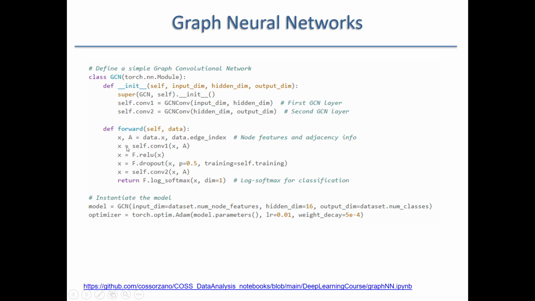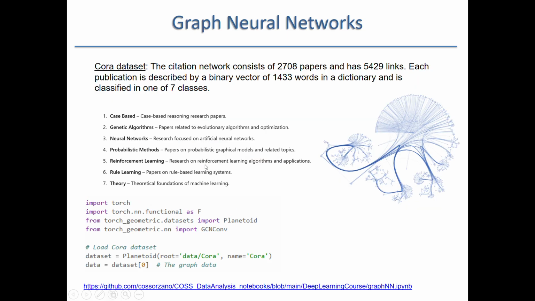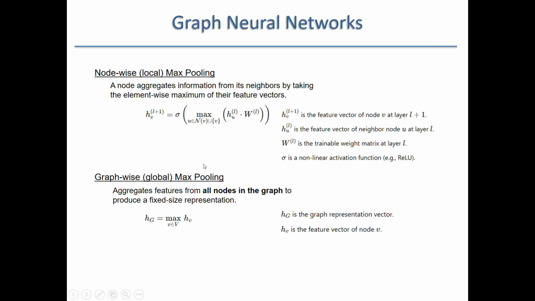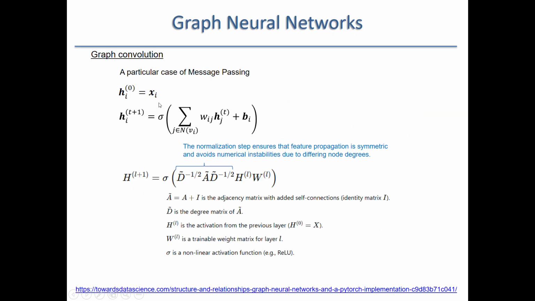We take the words and we convolve them using the convolution 1 that considers the adjacency matrix A. We initialize with the words, and then the next layer determines which nodes are updated with messages from which other papers.